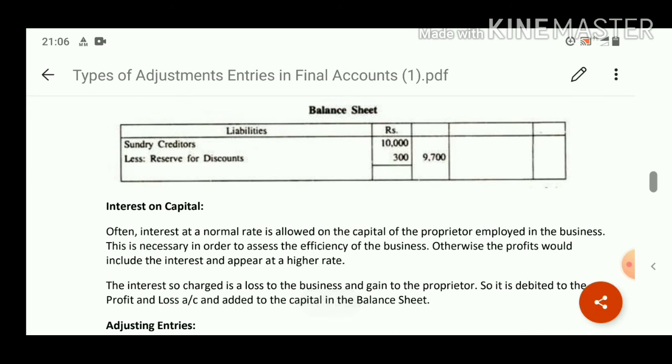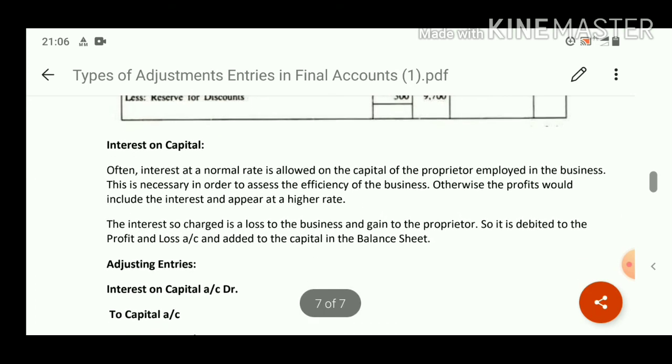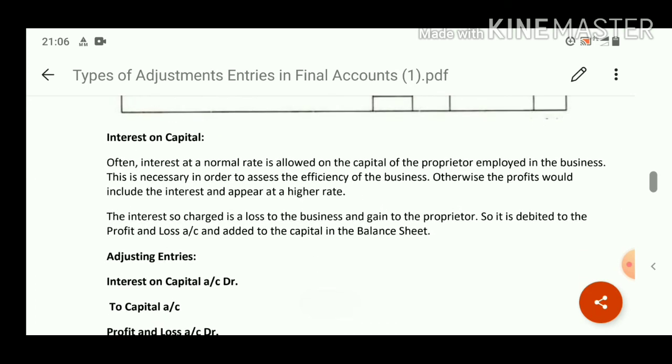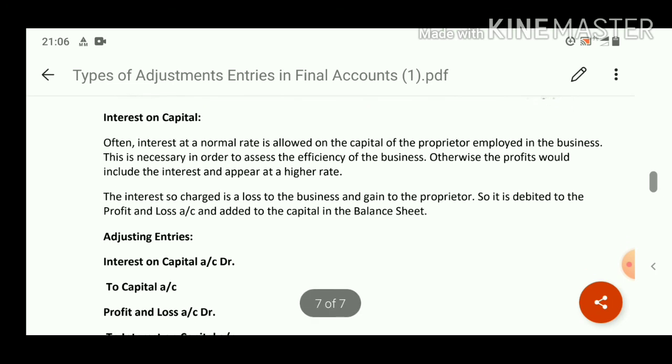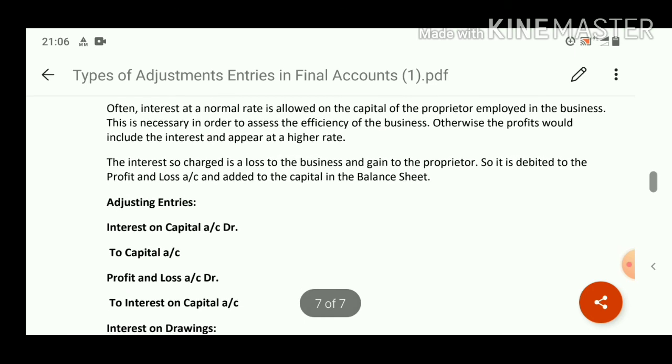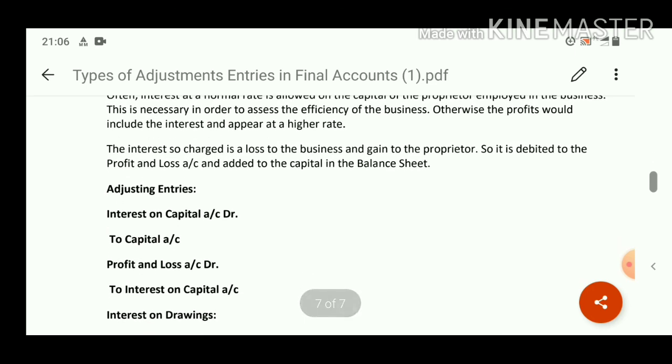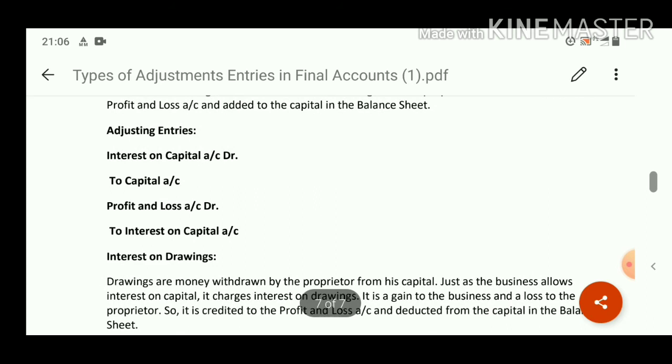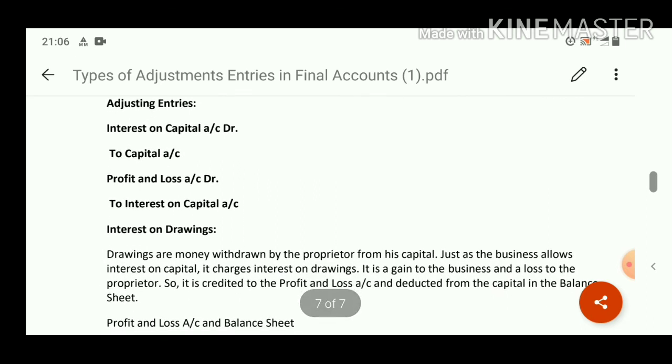Okay, now interest on capital and interest on drawings. Now interest on capital is a loss to the business but an income of the owner or the proprietor. Simultaneously, interest on drawings is an income for the business, and a loss to the owner.